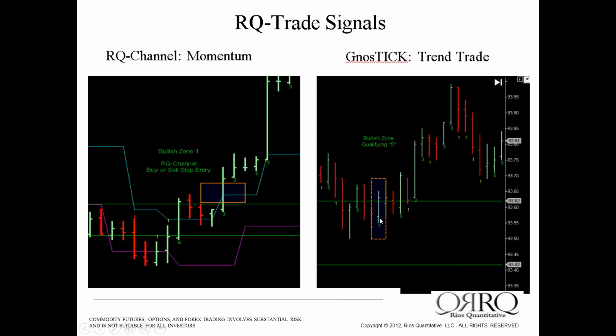Looking for a 5 that's just closing above or below. A green 5 would denote the bullish close. And we're looking for 5s that will close right above the bullish Gnostic level. And it's called a qualifying 5 because the money management behind this is a risk reward of nothing less than 2 to 1 in your favor. We'll show that to you.